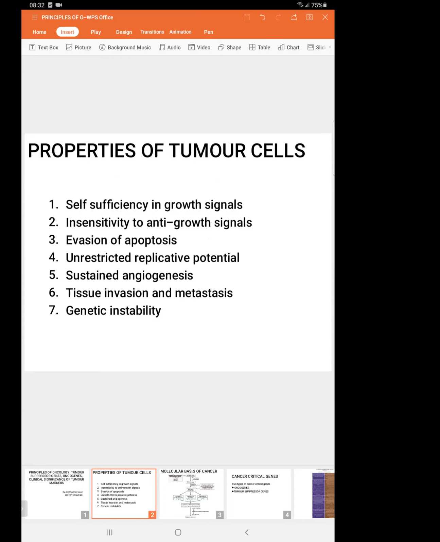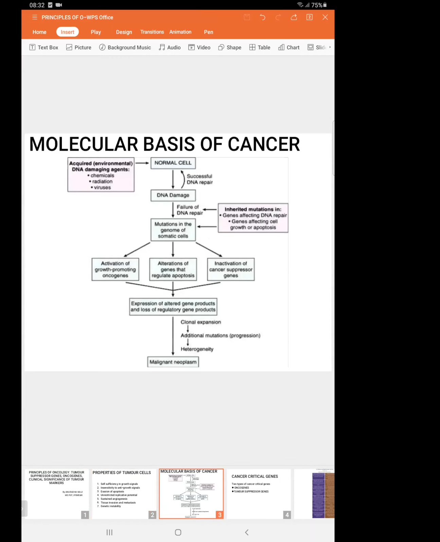All these are possible with certain molecular basis which leads to the transformation of a normal cell to a malignant neoplasm. This slide shows the flow chart where acquired environmental DNA damaging agents cause DNA damage, following which, if there is failure of DNA repair, that leads to mutation in the genome of the somatic cell.